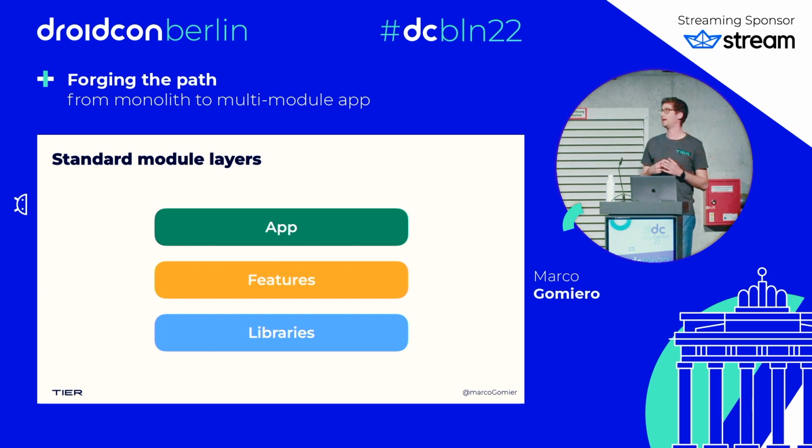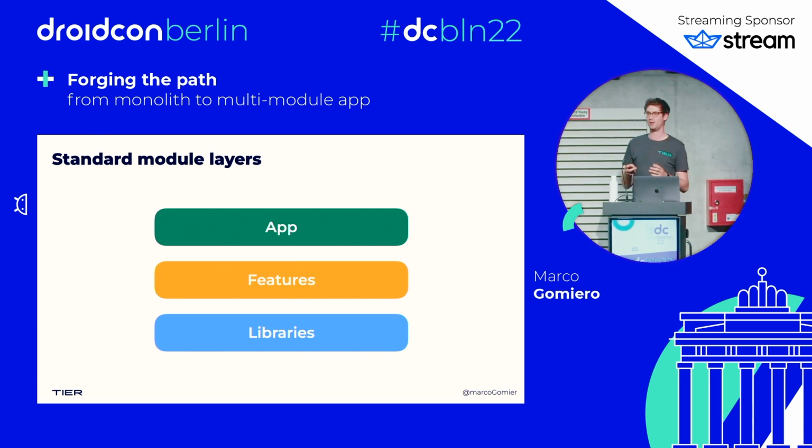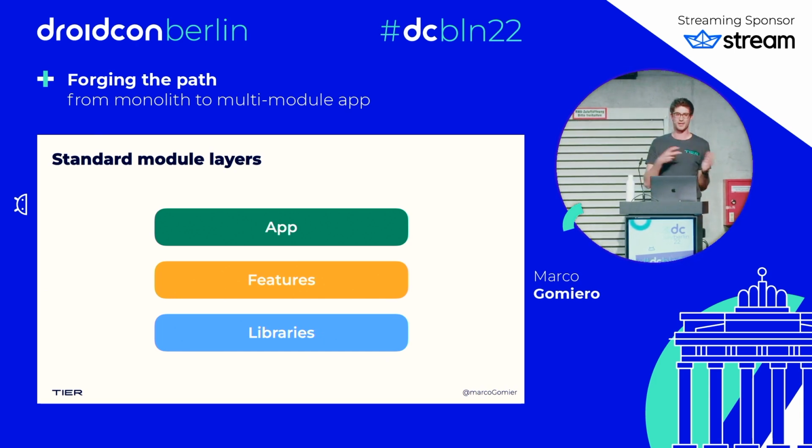Usually there are modules that can be defined as libraries. Libraries are pieces of code that do something specific, for example storage, networking, logging, and stuff like that. Then usually there are more modules that abstract a specific feature, for example the entire onboarding, the entire settings, the home screen, et cetera.